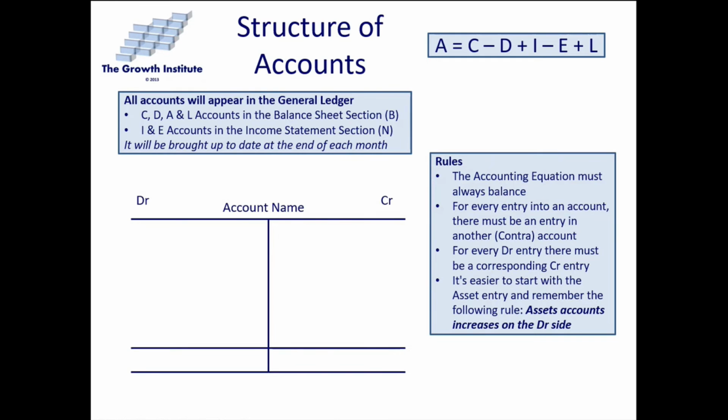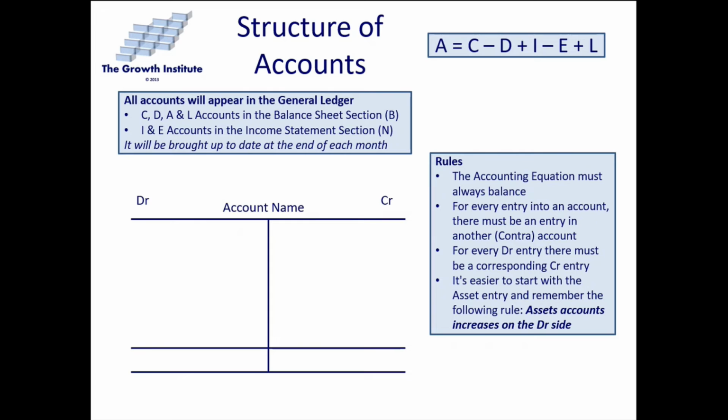Okay. Now we can have a look, now that we know how the accounts work, and it's based on the expanded accounting equation. You will notice that with every slide, I'm putting that expanded accounting equation at the top, just so that I have it in mind all the time. So all accounts will appear in the general ledger.